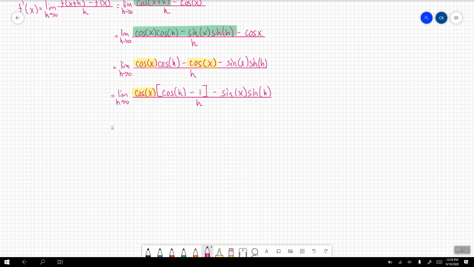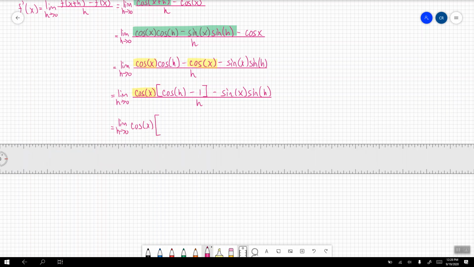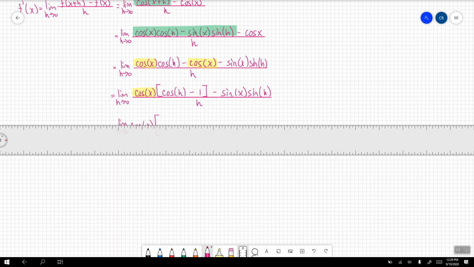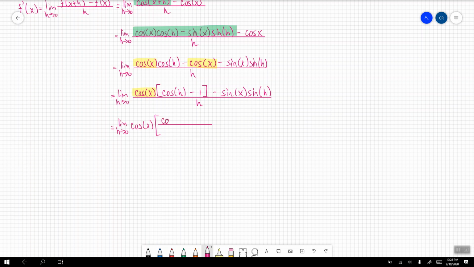So what happens here is that we take the limit as h is approaching 0, and we're going to have cosine of x multiplied by, and here goes my fraction, cosine of h minus 1 divided by h. That's the first term, with the same divisor.